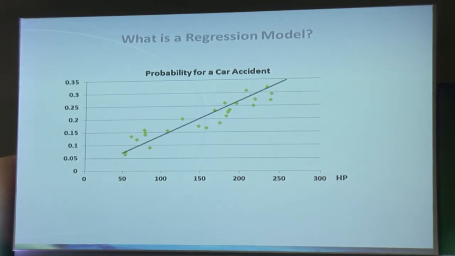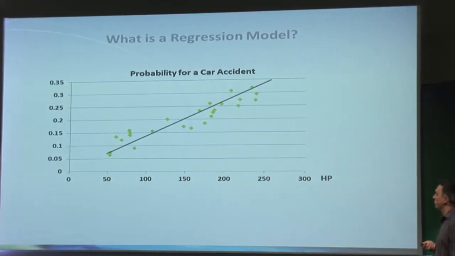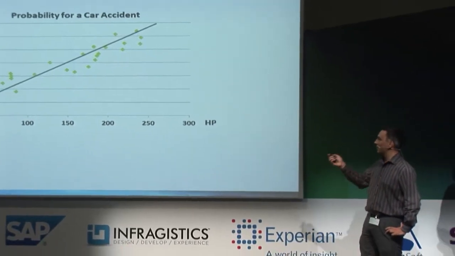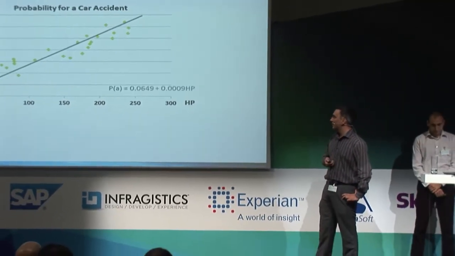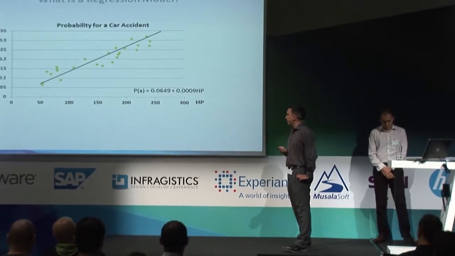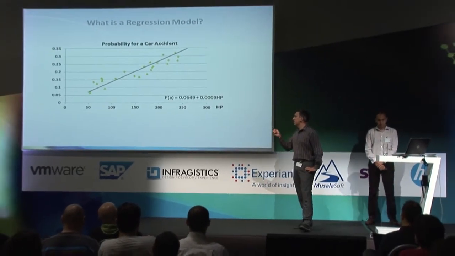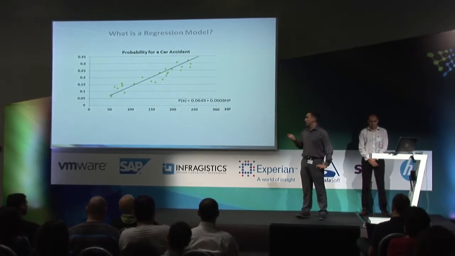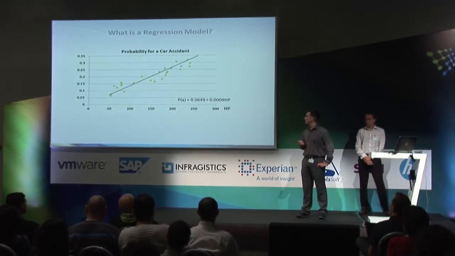As I said, a linear model can be seen as a trend between an input characteristic, horsepower, and the probability of an accident. And this trend is usually described by a formula. So the probability of an accident is some formula, and it depends, in this case, on the horsepower of a car.